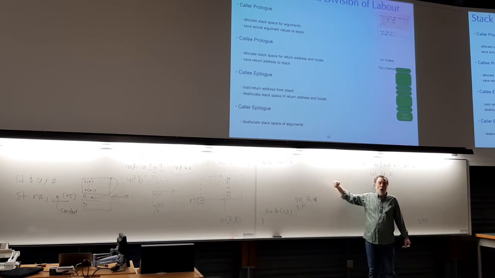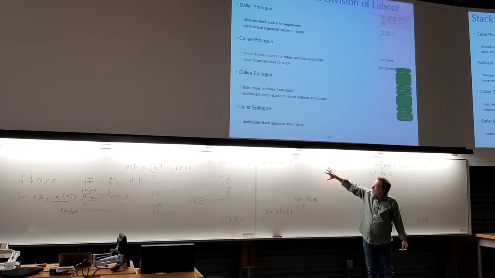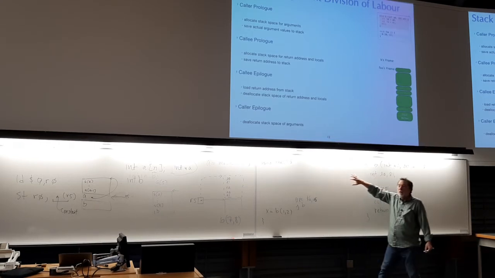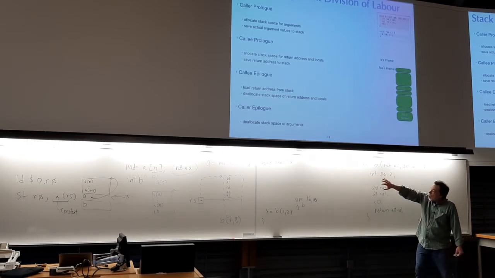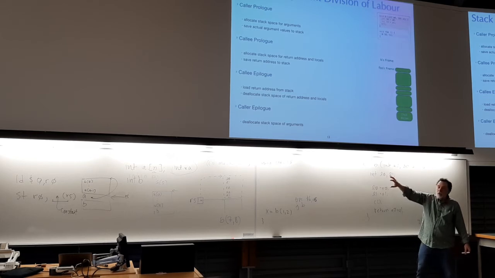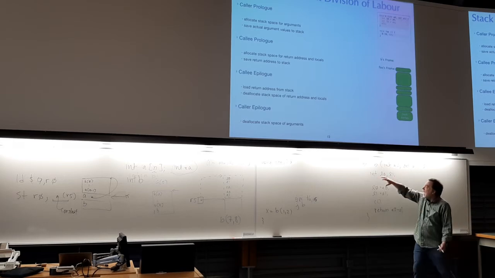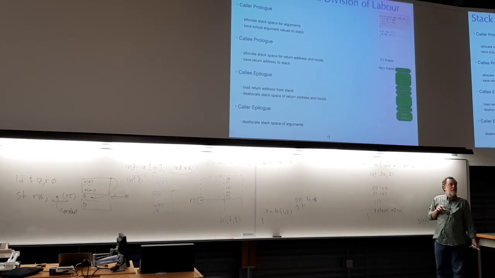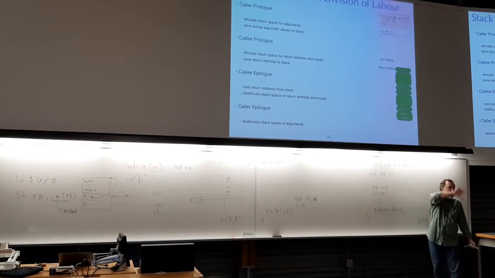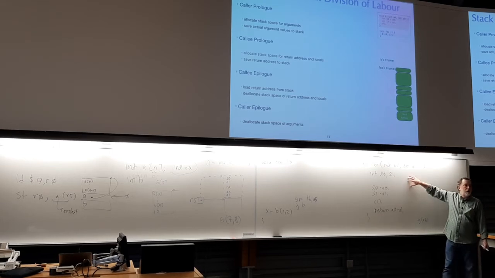Now we actually could do all of it here, but then we'd have a bunch of code that we'd have at every procedure call. So let's say there's 1,000 places we call B. Well, I've got a bunch of code that's all exactly the same for every call to B. So rather than replicating that at every place, we'll put that part here.